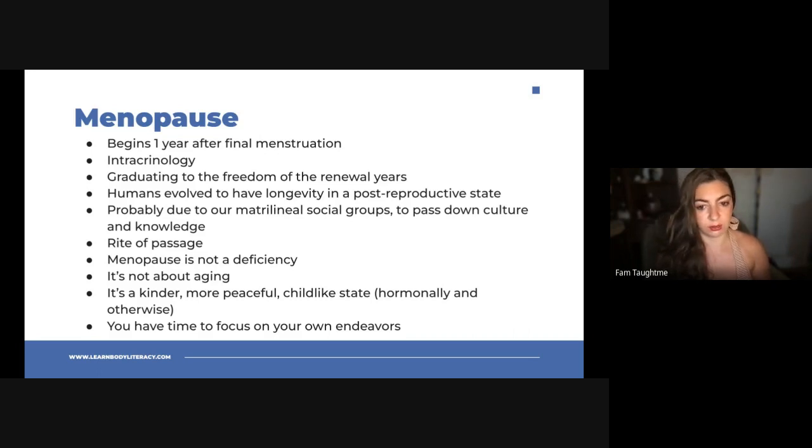Unfortunately, in the West, it's more like considered a deficiency, and about aging, but it actually can be seen as a much kinder, more peaceful, and childlike, even hormonally childlike, state.